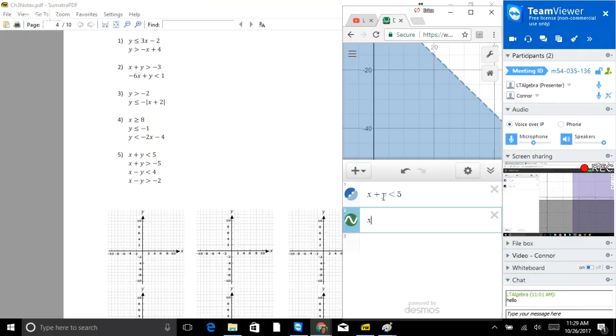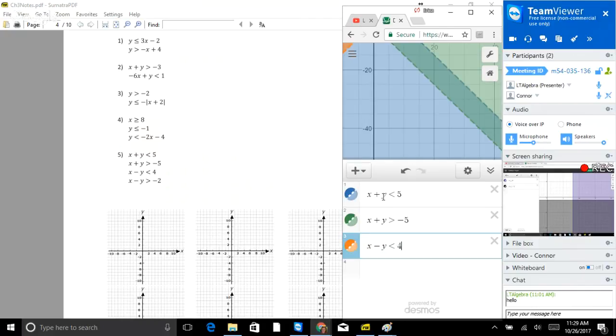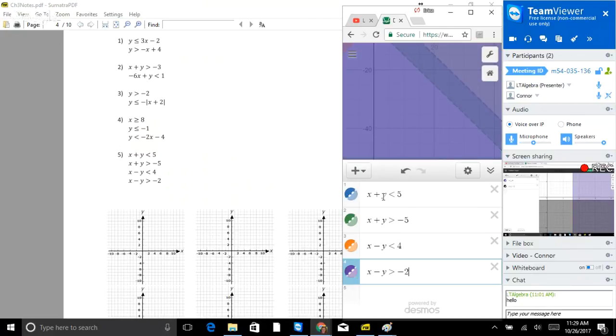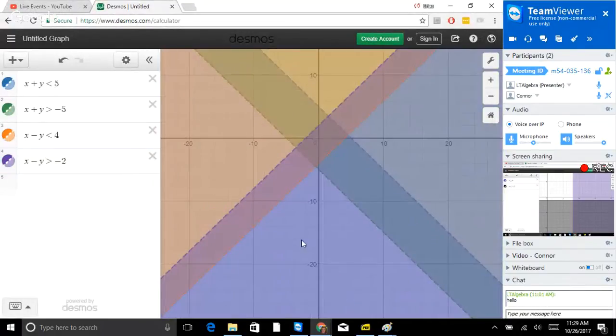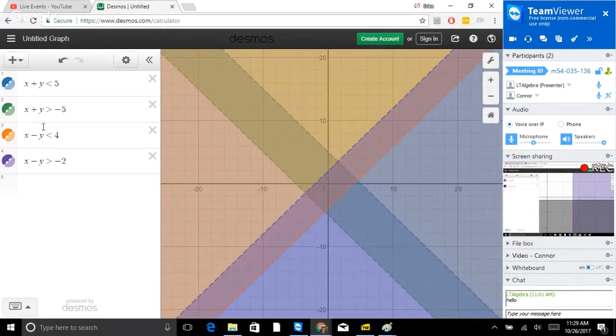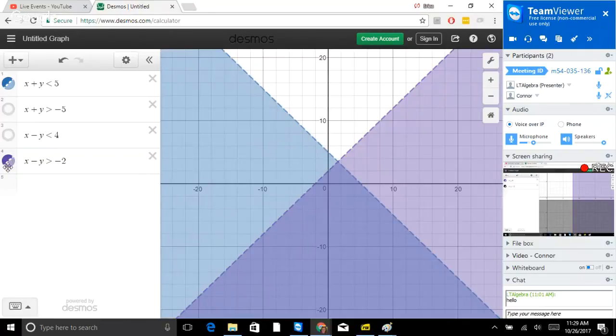I have x plus y is greater than -5. I have x minus y is less than 4. And I have x minus y is greater than -2. Okay, let's see what happens. We might have to turn one of these on at a time to kind of figure it out.